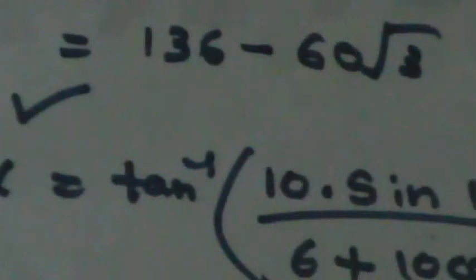Sin 150 is equal to sin 30, which is half, so 10 times half is 5. Cos 150 is minus root 3 by 2, multiplied by 10 is minus 5 root 3. So this will be 5 divided by 6 minus 5 root 3. That's the angle alpha.